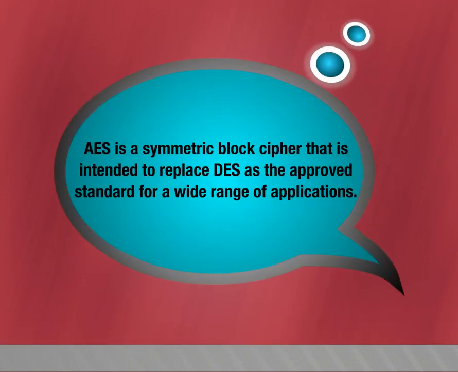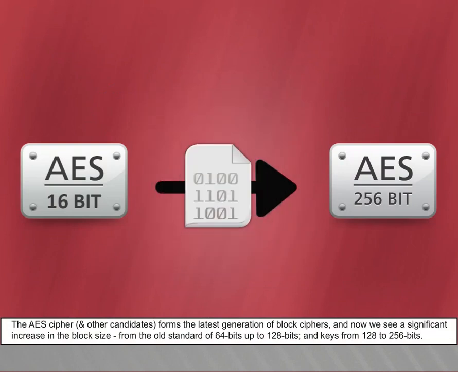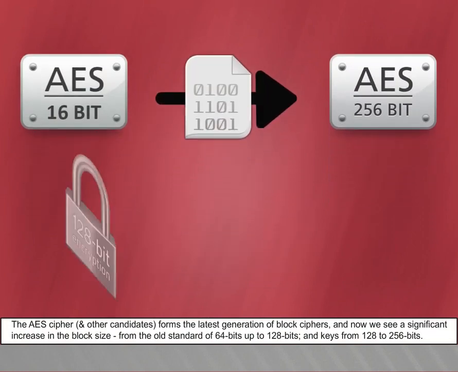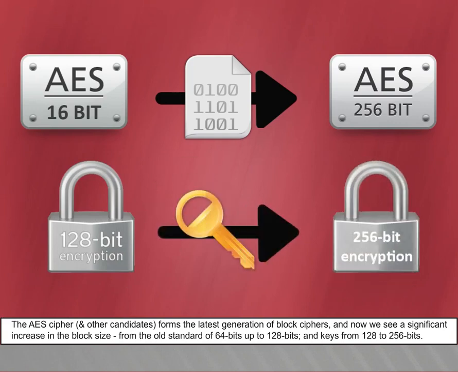AES is a symmetric block cipher that is intended to replace DES as the approved standard for a wide range of applications. The AES cipher and other candidates form the latest generation of block ciphers, and now we see a significant increase in the block size from the old standard of 64 bits up to 128 bits, and keys from 128 to 256 bits.